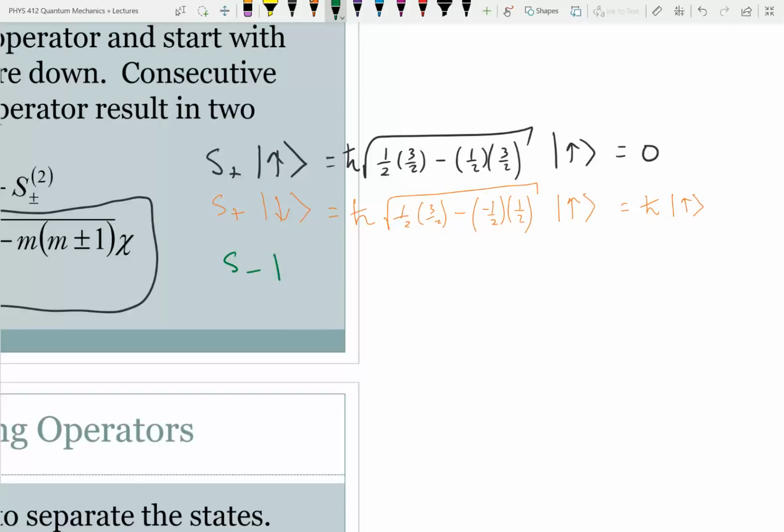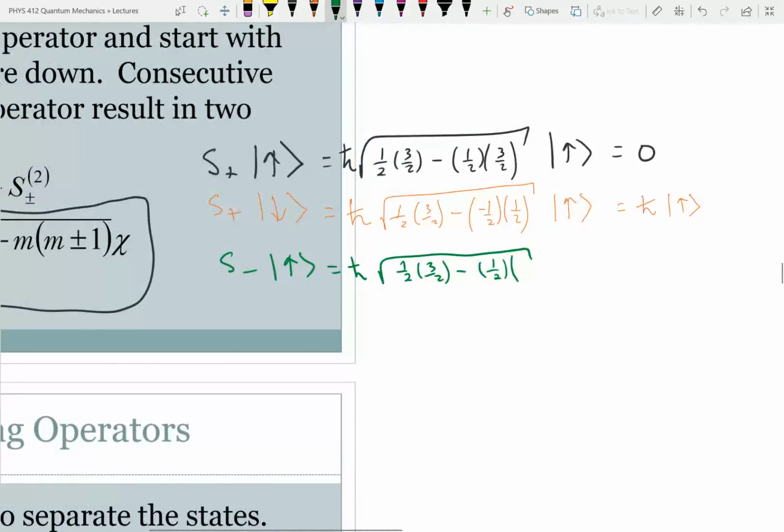S minus on the up state, what's that going to give me? Fill in the blanks. So 1/2 times 3/2. One half, times minus 1/2.